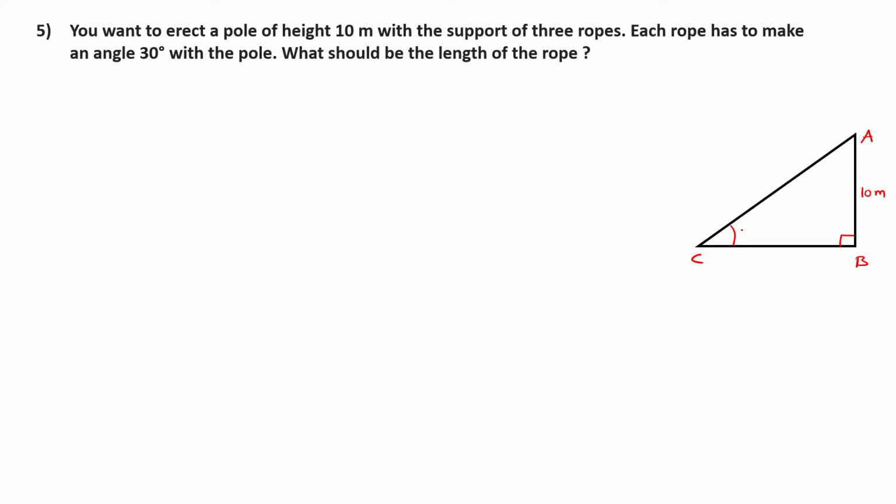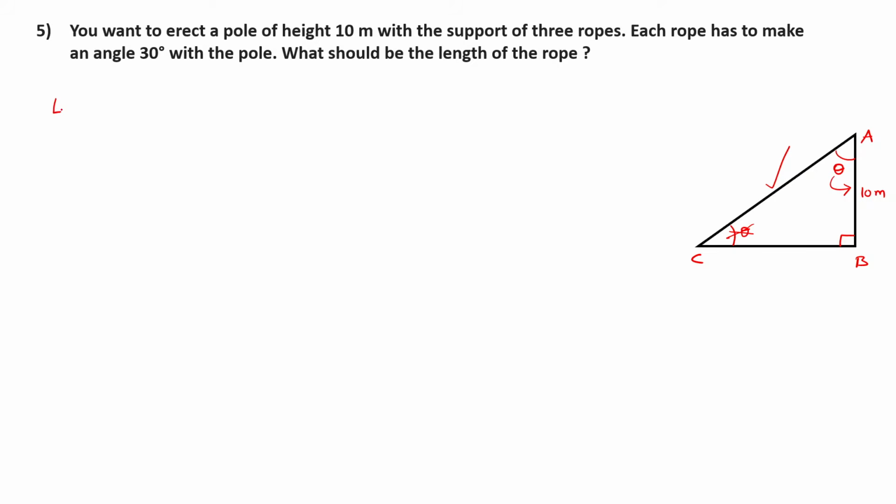Here, if you write theta, you will go wrong, because the rope is not making theta with the horizontal. It is making it with the pole. This is theta. We need to find the length of the rope, the hypotenuse. With respect to theta, the given 10 meters height of the pole is the adjacent side. So we need to find the ratio between the adjacent side and the hypotenuse.